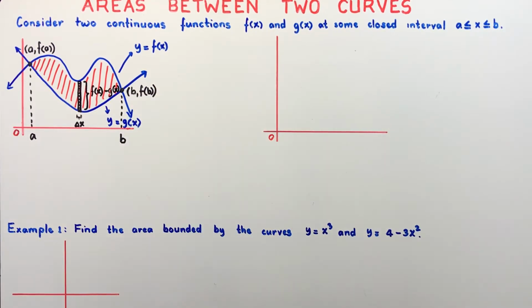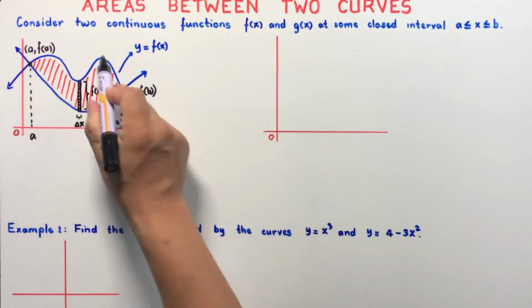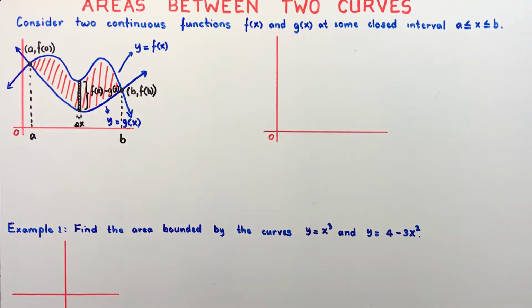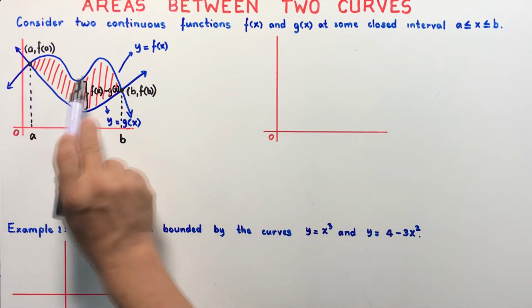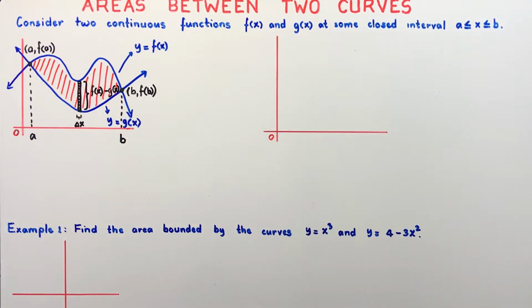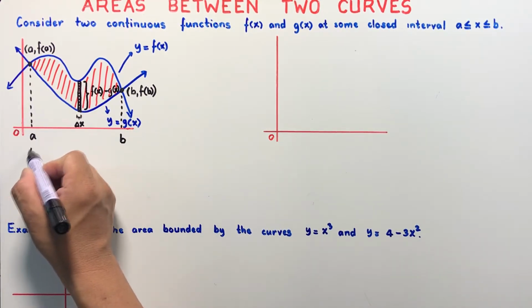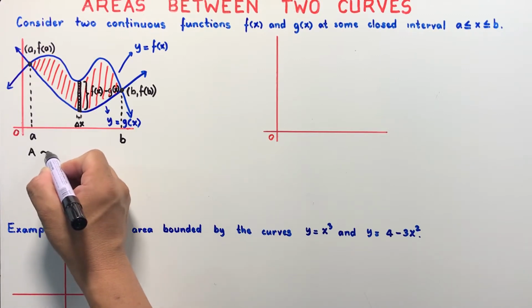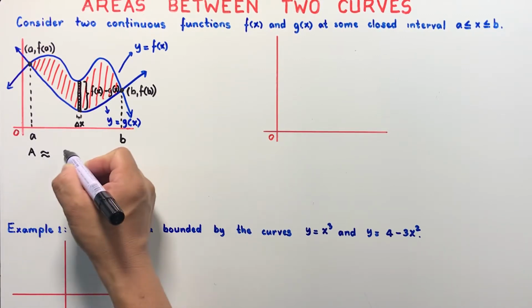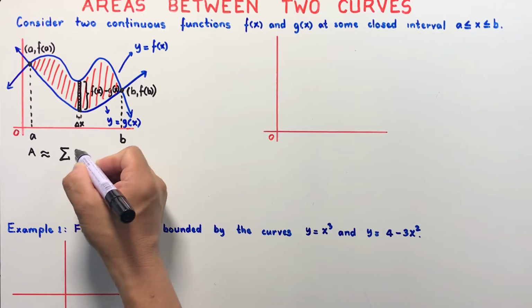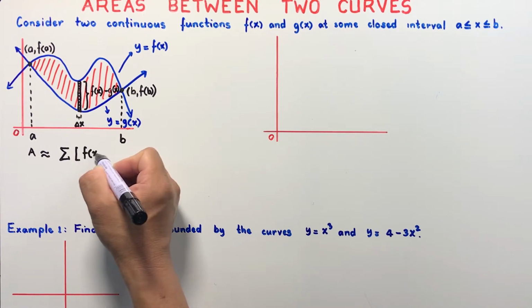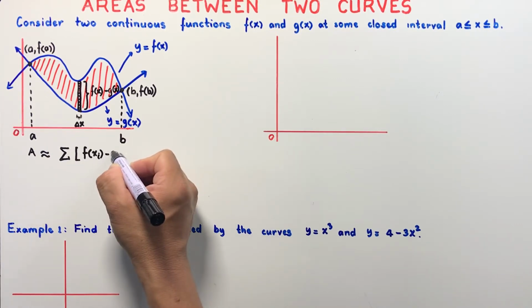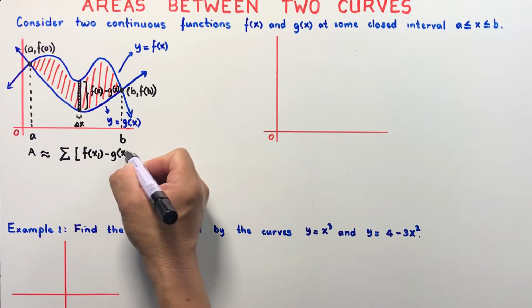So therefore, we can find the area of this shaded region if we add up all the slices that cover the whole shaded region. This can be written mathematically as A approximately equal to the sum of all the slices, and the arbitrary slice is represented by f of x sub i minus g of x sub i.